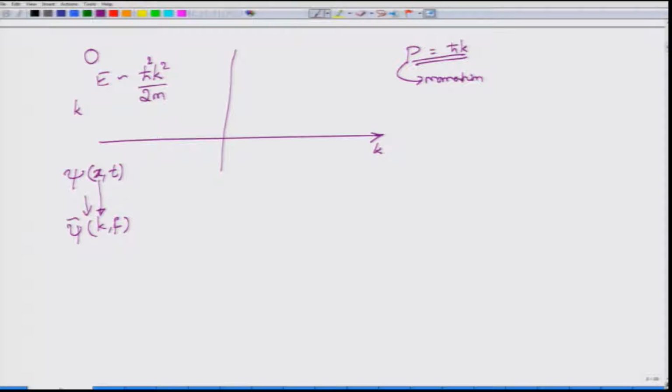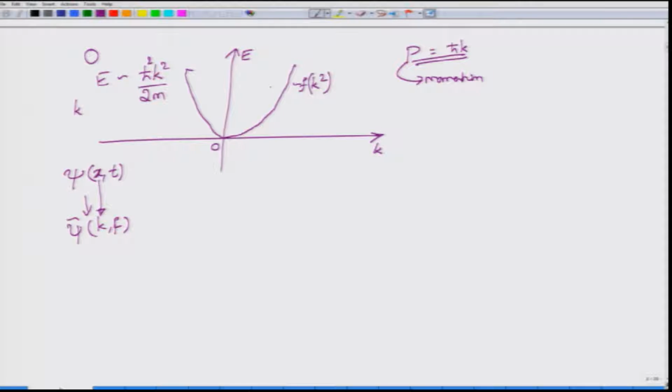So, if you sketch this energy versus k, what you see is a nice parabola in which the energy increases. Okay. Maybe the figures are not very nicely drawn, but this is a k square dependence. This is your energy E. Is that okay? So, with energy E changing as a parabola, it can have any value of energy you want.